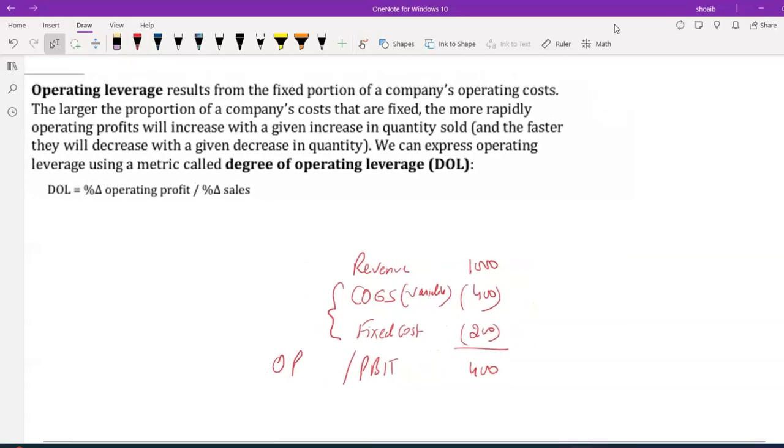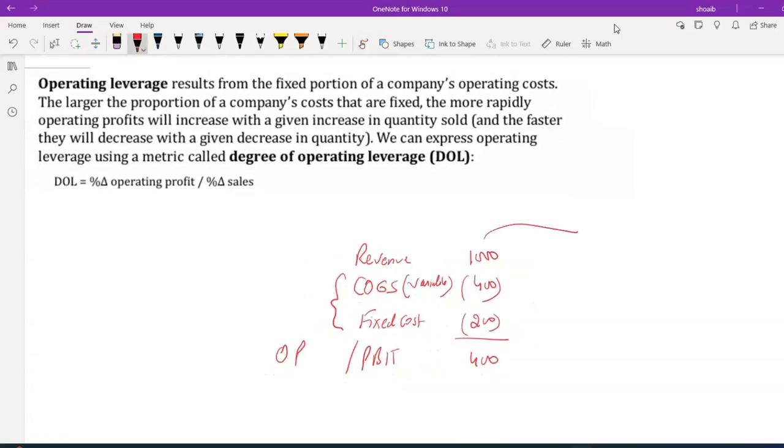Okay, now let's suppose your business is progressing. Your business has achieved a remarkable growth and your revenue has increased to 1,500. 50%, there is a 50% jump, a 50% rise in the revenue.